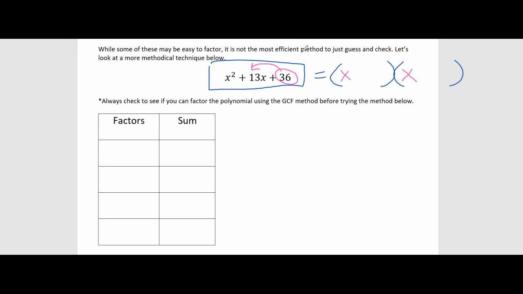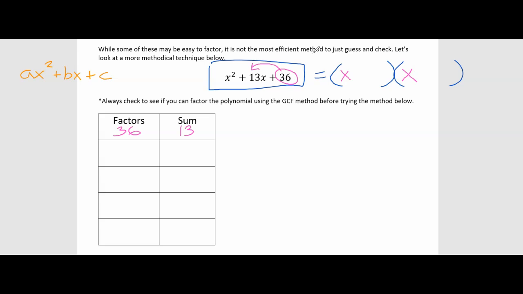So here's what we do. We make a factor sum chart. And again, we're going to look for factors of 36 that sum to 13. If you think about standard form of a trinomial, we have ax squared plus bx plus c. Again, those a, b, and c letters can represent any numbers.